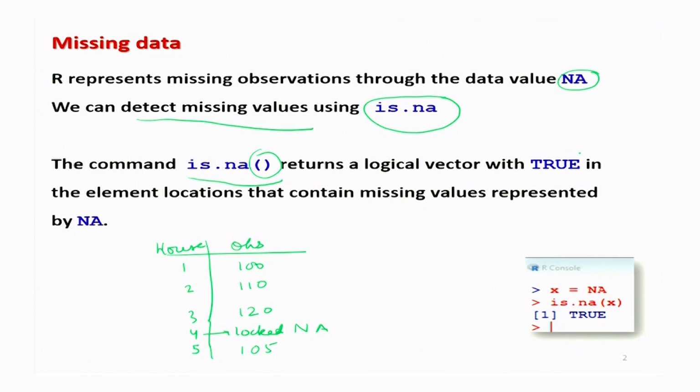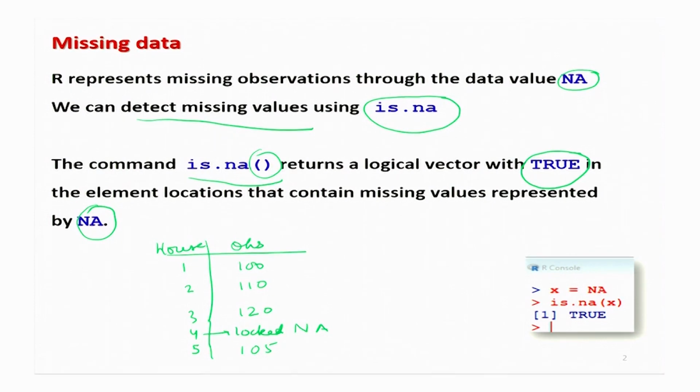If the outcome comes out to be TRUE, that means the value is missing, and if the outcome comes out to be FALSE, that means there is no value which is missing. And in all those locations where the value is missing, the value is represented by capital N and capital A. That is the rule we follow in the R software, right.